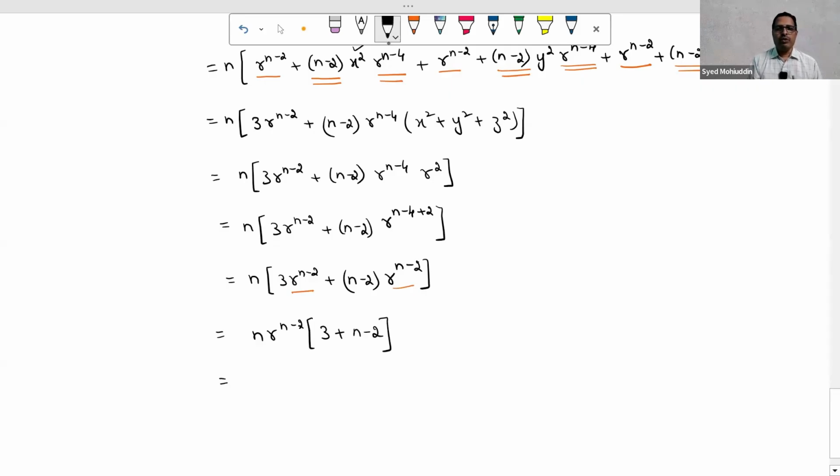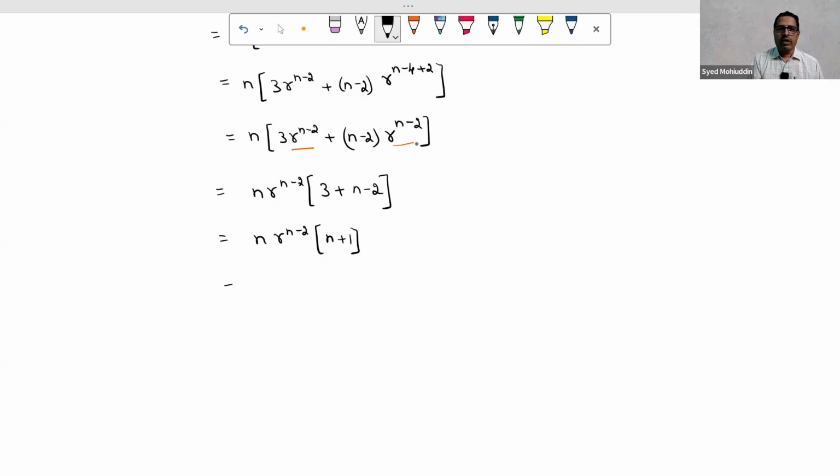Or further, if you simplify, it is n r power of n minus 2 into (n as it is, 3 minus 2 will become plus 1). Or further, you have n into (n plus 1) into r power of n minus 2, which is nothing but the RHS.